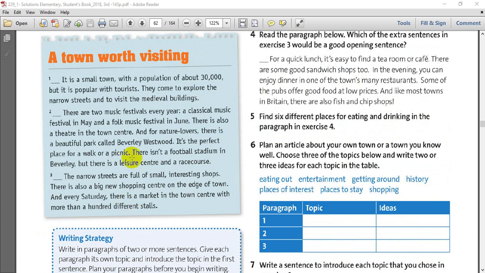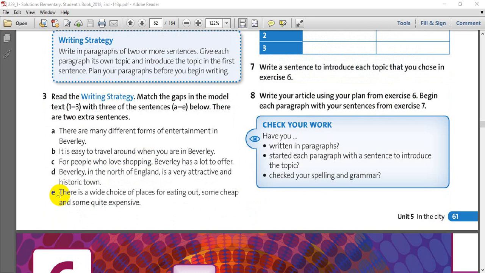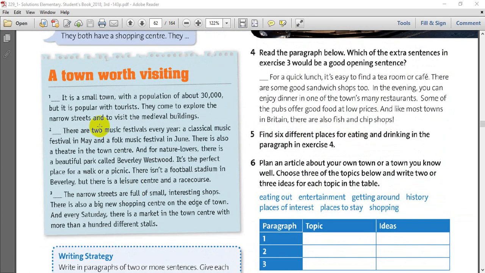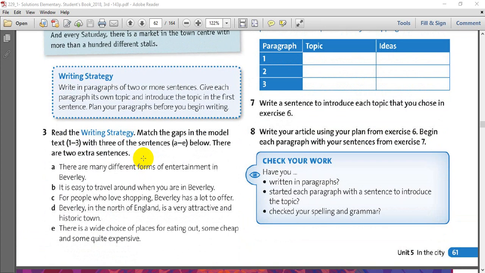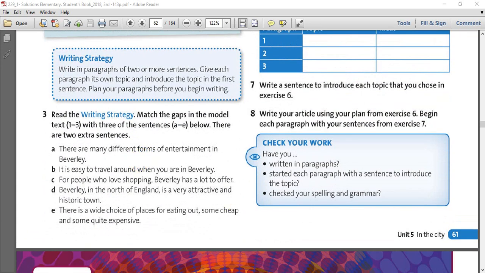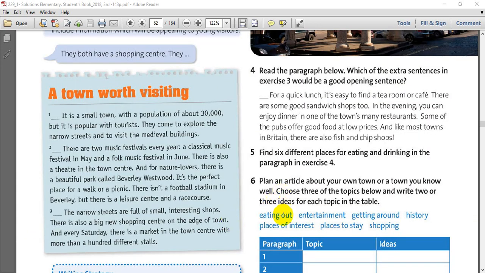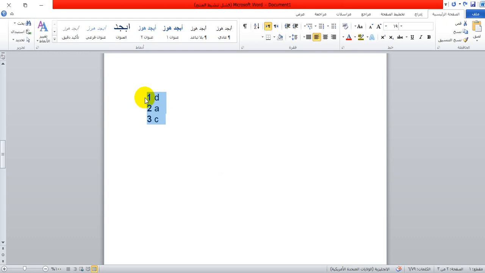Here we don't have any information about E. So the answers: number 1 D, number 2 A, number 3 C.